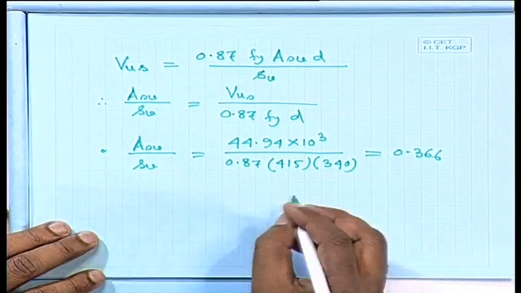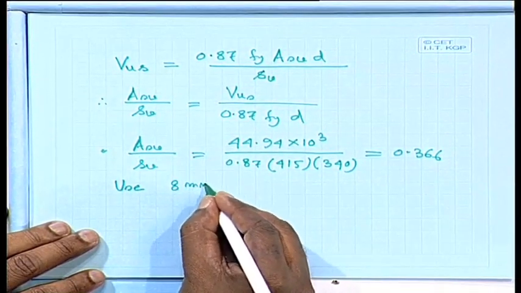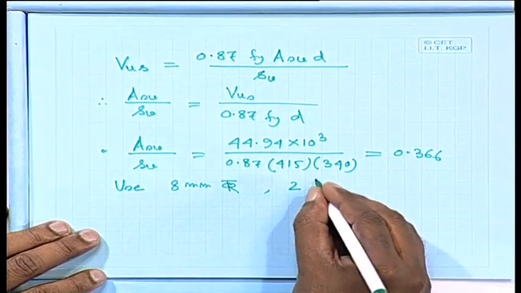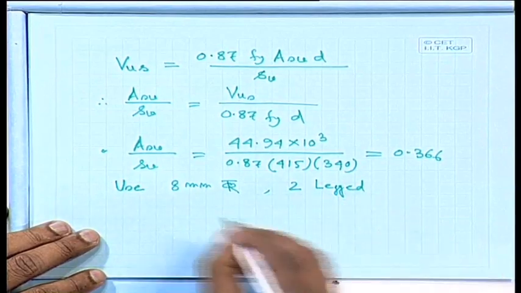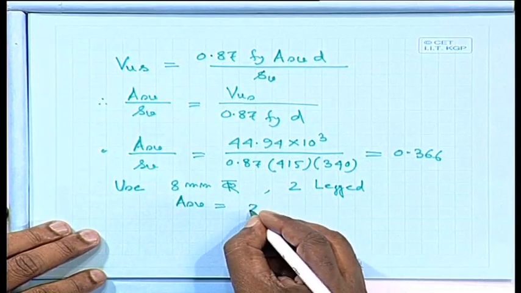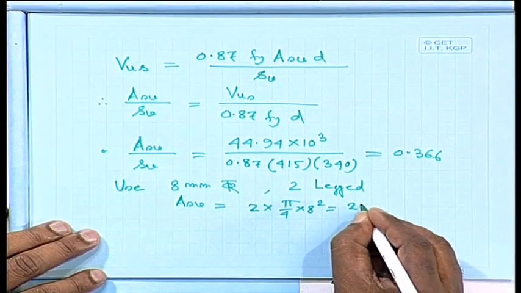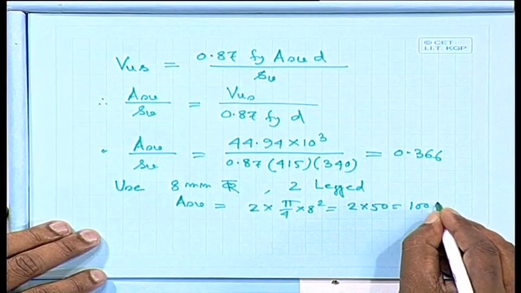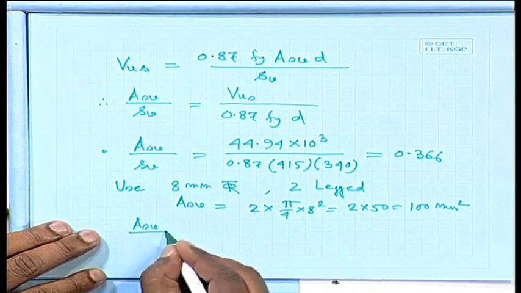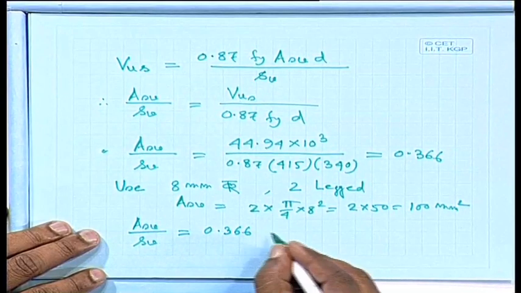If we use, let us say, 8 mm Tor, and we shall use two legged, therefore ASV equals 2 into 50, equals 100 square millimeter. We can write ASV by SV equals 0.366.